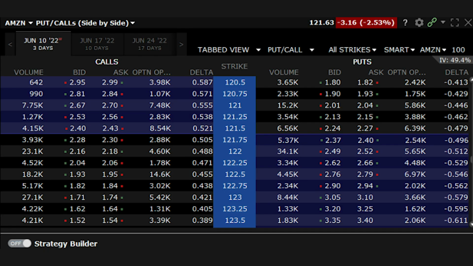So those are the things that you have to consider as well. As long as the volume and open interest is fairly thick, like 5,000 and above, then you can kind of mix and match and look at the delta and also look at the pricing, look at the spread, and those things can really help you choose an option. So for example, in this case, I'm looking to select Amazon, right?